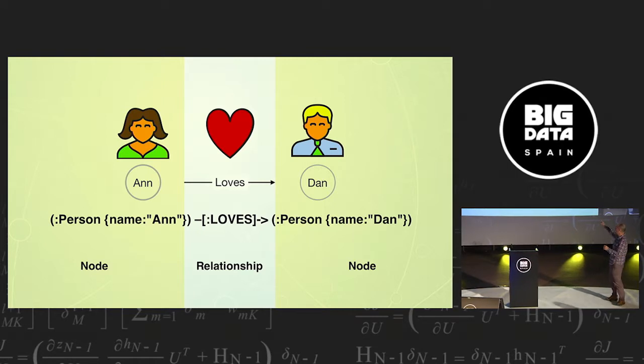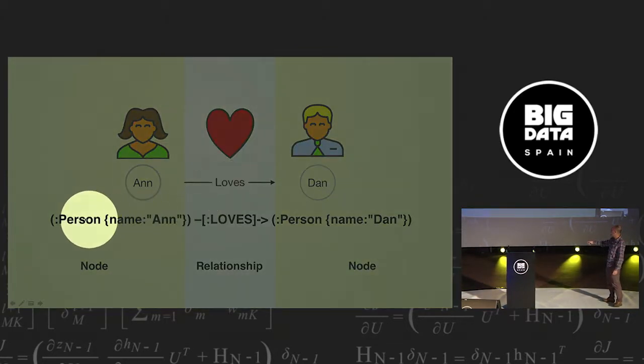We take the pattern that we're interested in, Anne loves Dan, and encode it in ASCII art. We have an ASCII representation of a node with some data in it. We have an outbound relationship, loves, to another node which represents a person who has the name Dan.